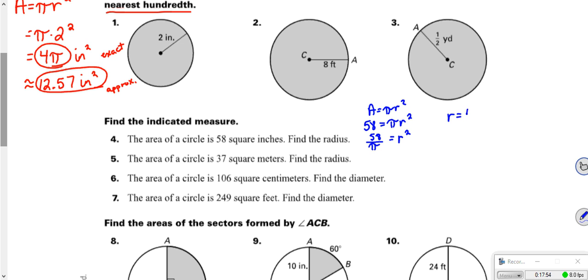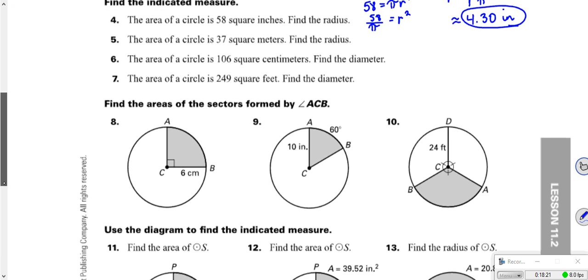That means that radius is going to be the square root of 58 over pi, which, if you poke that in a calculator, gives us 4.30 inches. Again, we're talking measurements here. Don't forget to label your answers.